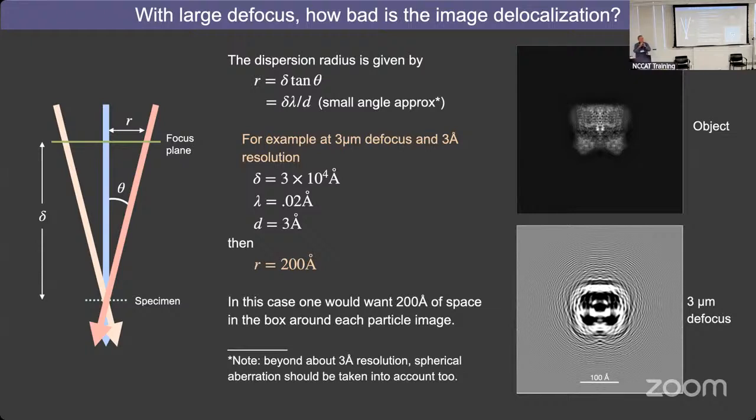Otherwise, if you crop this too small, then you lose some of those fringes, and that has the effect of reducing the amount of high resolution information that you actually pick up in your micrograph. Okay, and things get worse, of course, when people are trying to go to higher resolution, and things get worse when the defocus gets bigger.